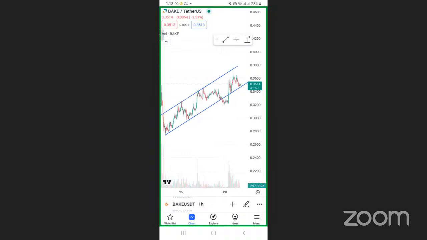You wait again, and you reach the what? The lower line. Now, are you seeing, at this point, when it came back to the lower range, it lost.